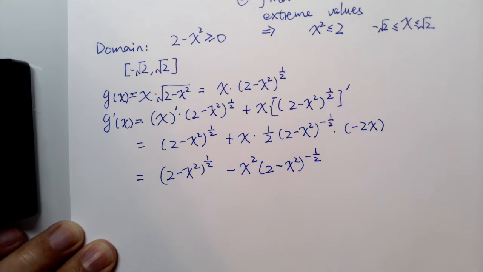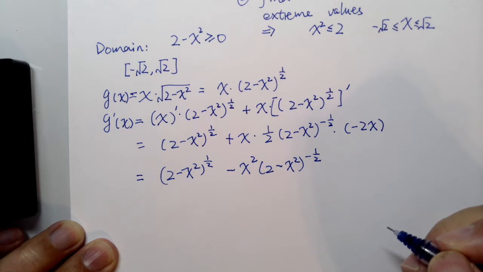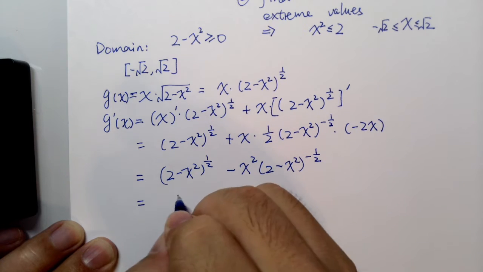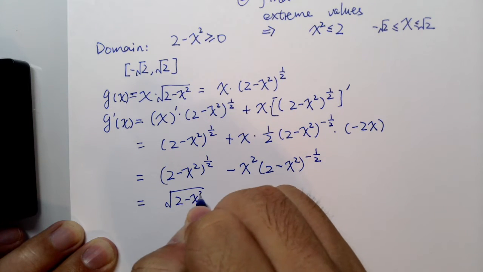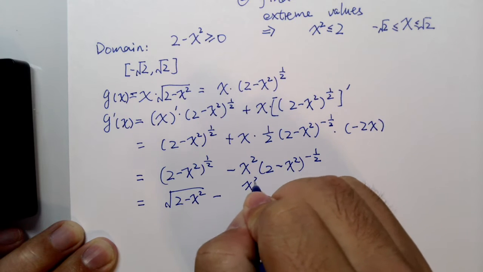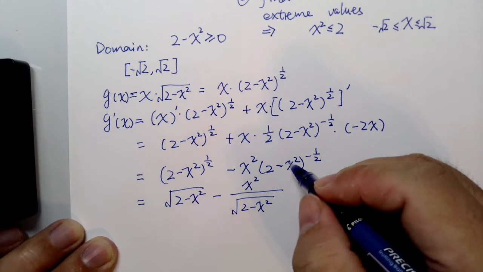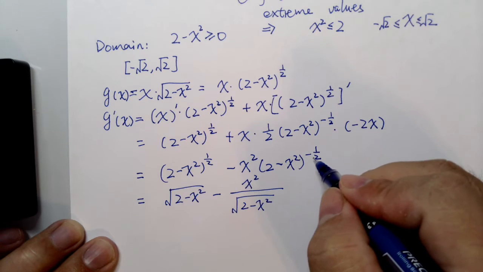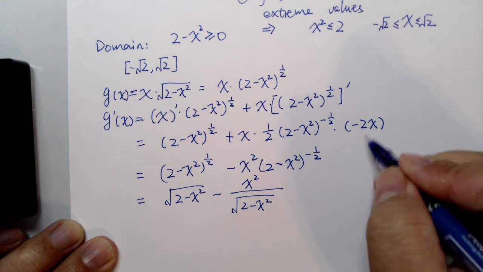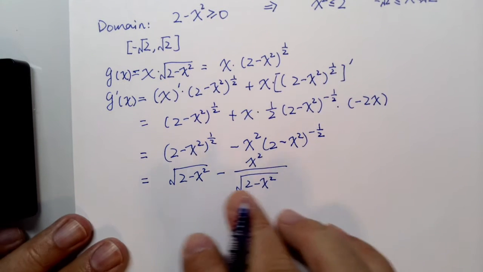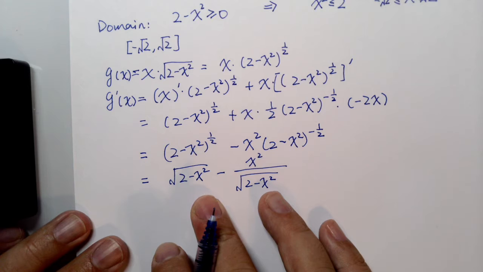And of course, if you want to reorganize this a little bit, noticing that 2 minus x squared to the power of negative half equals 1 over 2 minus x squared to the power half, we can write that in radical form.